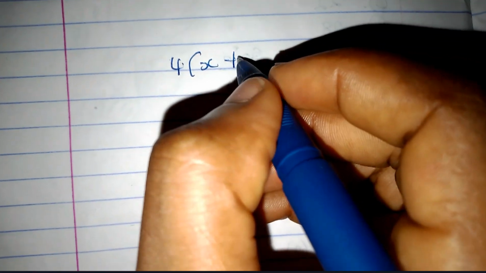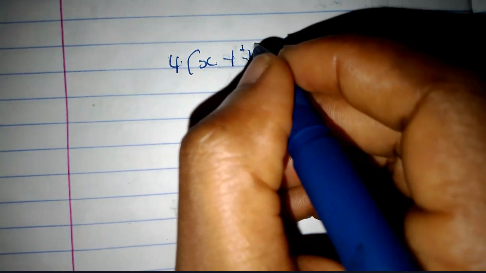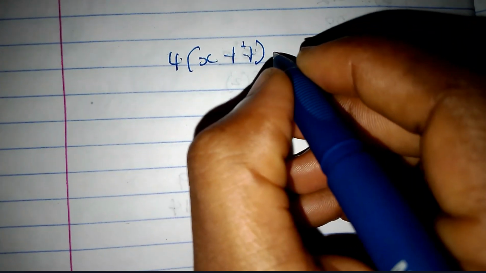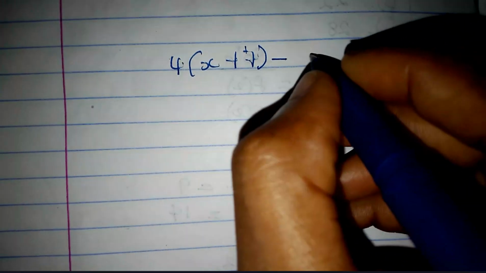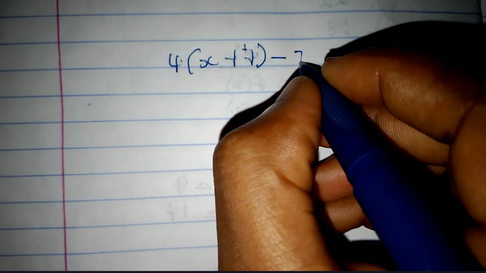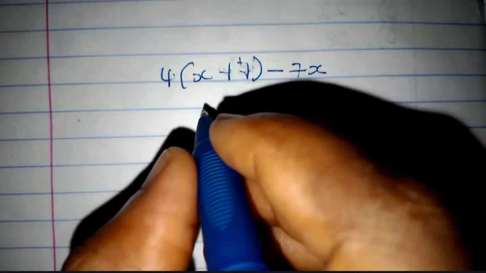What will be the next course of action after we've gotten that? 4 times (x plus 7) minus 7x, that's g(x).